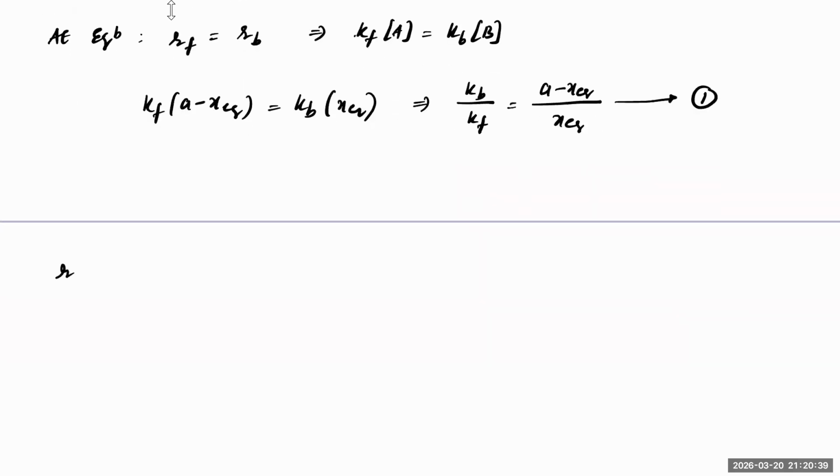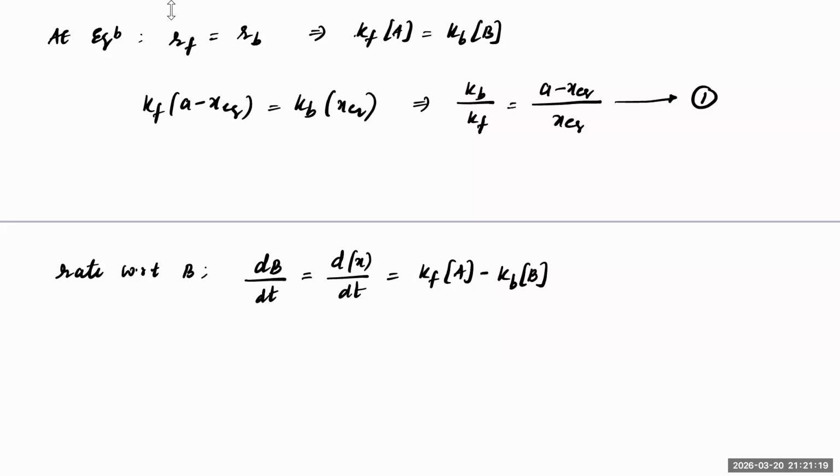If you write the rate law in terms of B, that is dB by dt, correct? dB by dt will be equal to dx by dt, because at time t the concentration is x, and that will be equal to Kf into A, because there is a gain of rate in the forward direction, and there is a loss of rate in the backward direction.